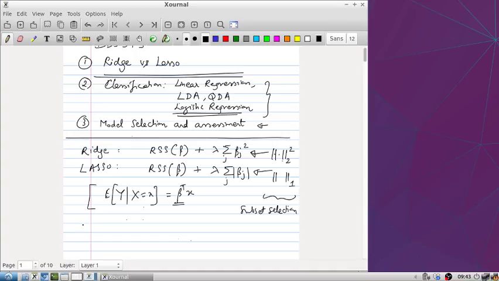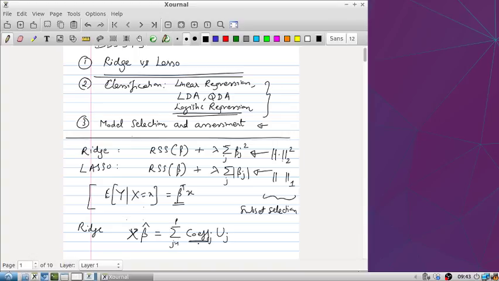So for ridge, we actually saw that the in-sample prediction, which is given by matrix X times beta hat, was essentially equal to some coefficients times uj, where j is equal to 1 to p.